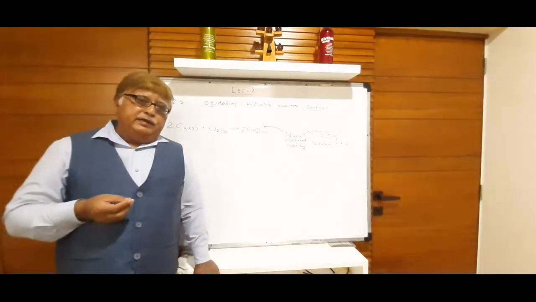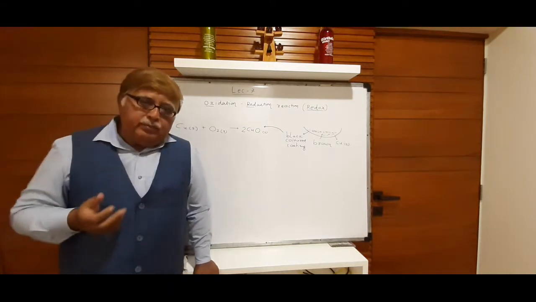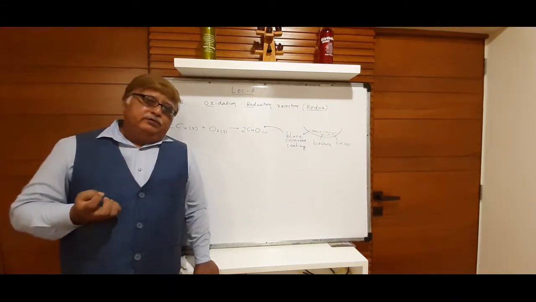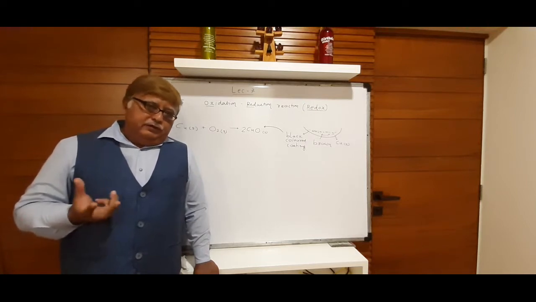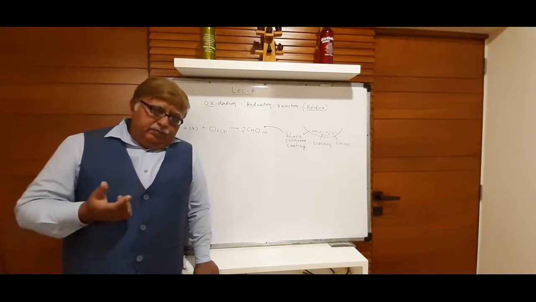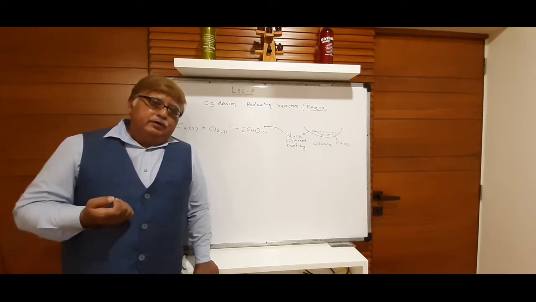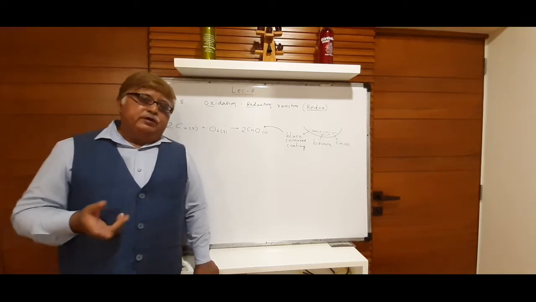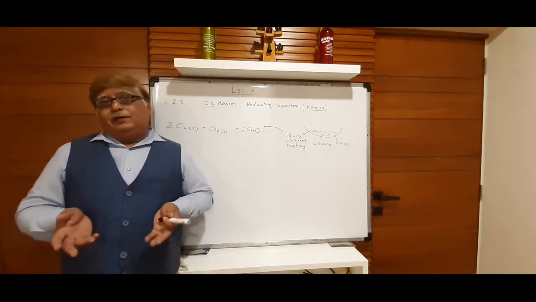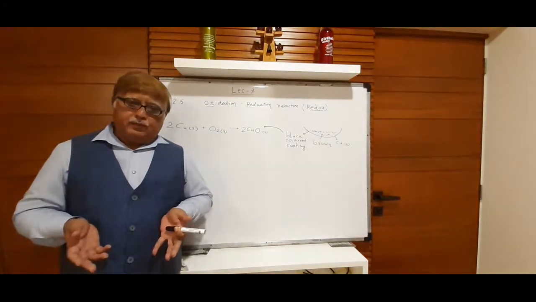Can you recall that activity 1.1? Can you remember? When magnesium ribbon is burnt, it burns with a dazzling flame and combines with oxygen and forms magnesium oxide. That reaction which we discussed in activity 1.1 is also one type of oxidation reaction.